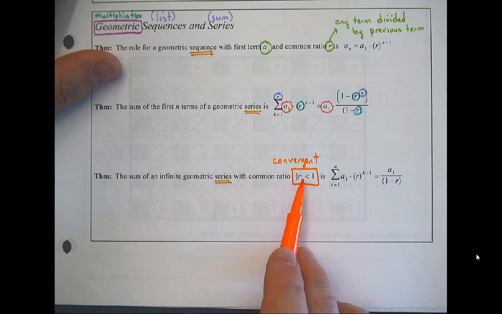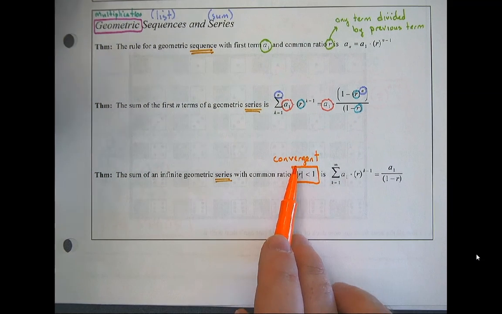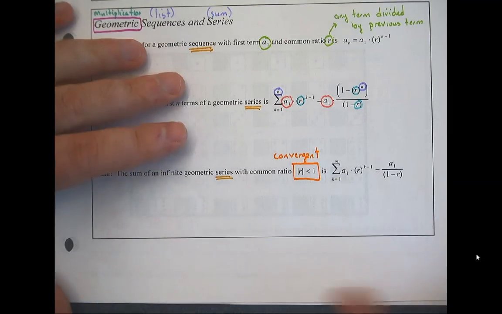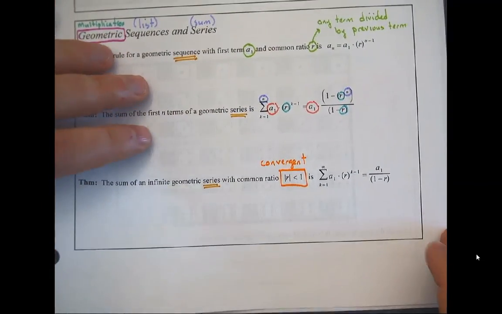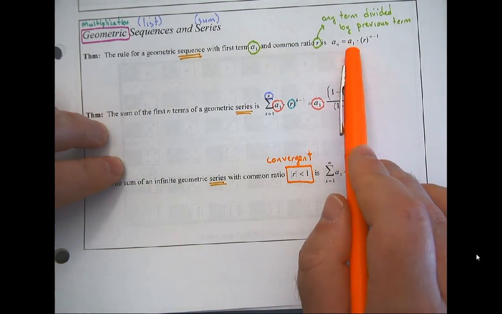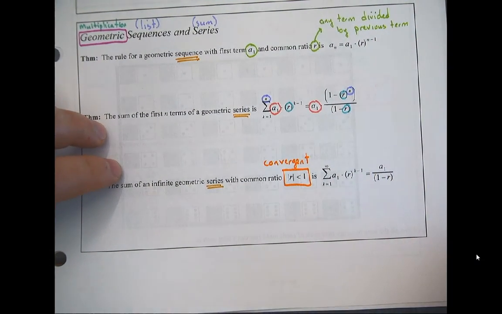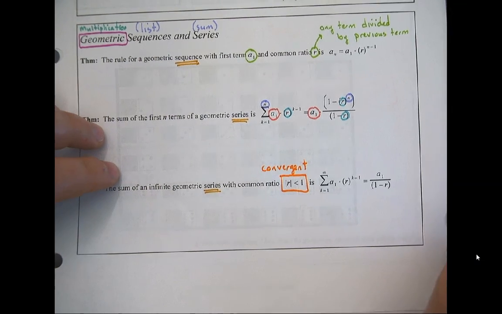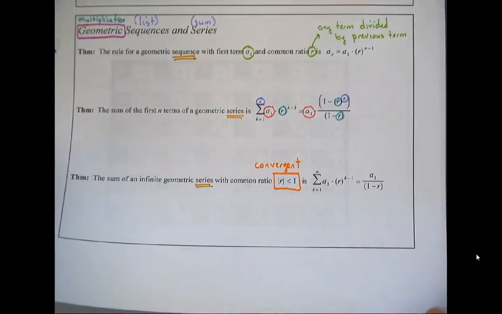If the absolute value of r is greater than 1, then we would have a divergent series. So let's take a look. Did I say earlier that r couldn't be negative? That's not true. My r's could be negative. I have to look into that a little bit more, what I said. I'll go back and watch it.